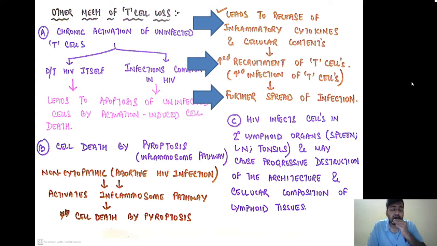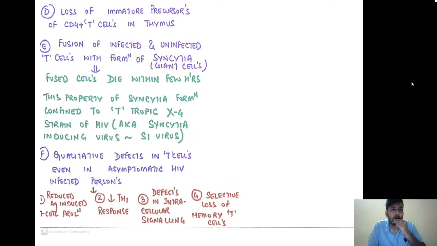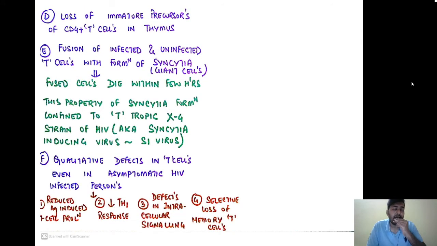Now HIV also infects the cells in the secondary lymphoid organs, that is the spleen, lymph nodes and the tonsils, and it may cause progressive destruction of the architecture and the cellular composition of the lymphoid tissues. Also, it can lead to loss of immature T cell precursors, or the precursors of the CD4 plus T cells in the thymus.